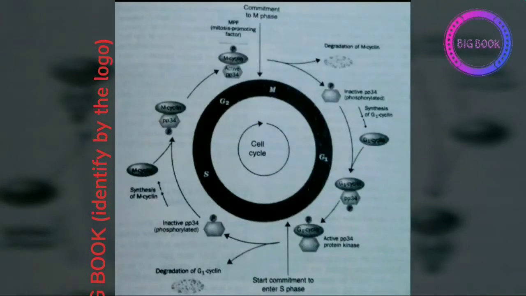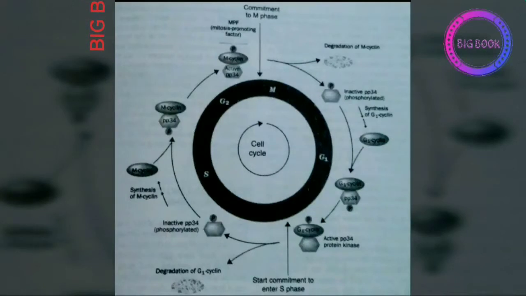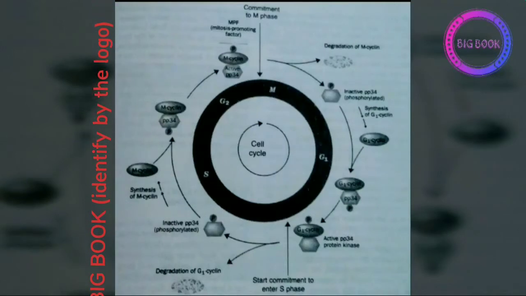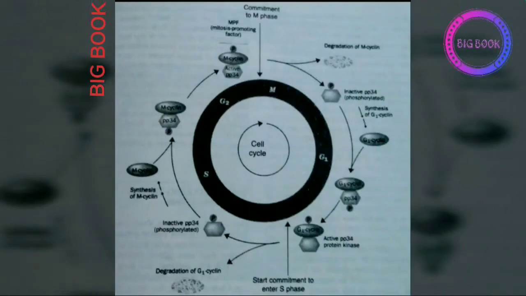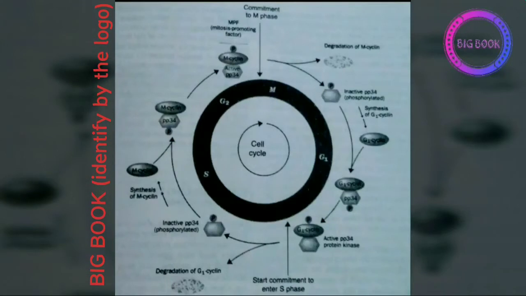That is, whatever the ploidy number is, it has to be separated for the progeny cells according to that ploidy number. And further, the M cyclin is going to get degraded, and the inactive p34 is going to be suspended freely within the cell.